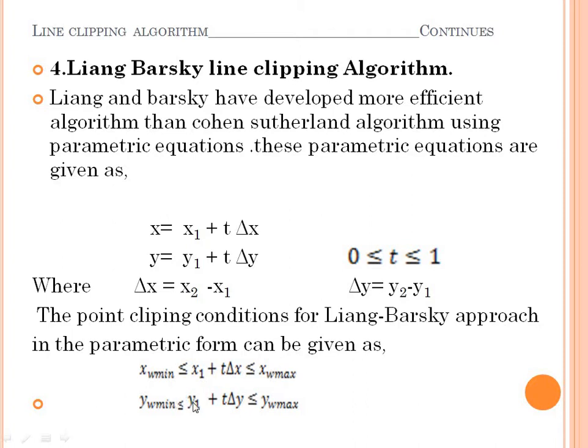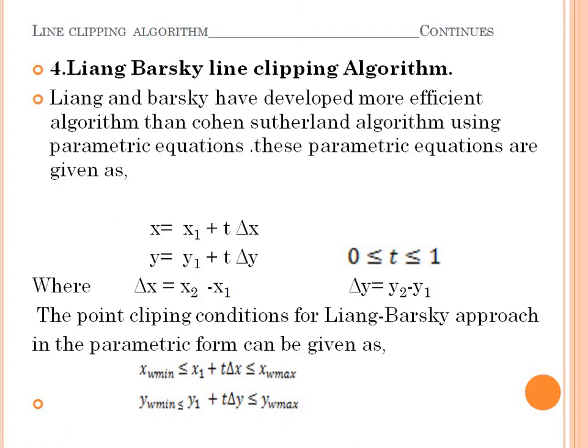The third is y1 plus t into delta y is greater than or equal to yw minimum, and y1 plus t into delta y is less than or equal to yw maximum. So we get the four inequalities.